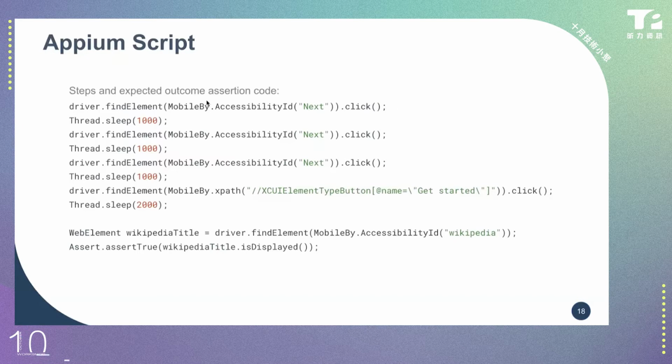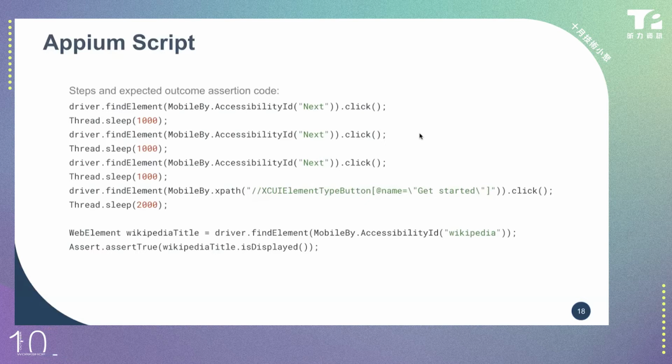Now what you can also see here is that there are thread.sleep statements between each of those clicks. This is the case because when we're navigating from one screen to the next screen, it may take a few moments until our screen is ready and showing all the elements that it has.